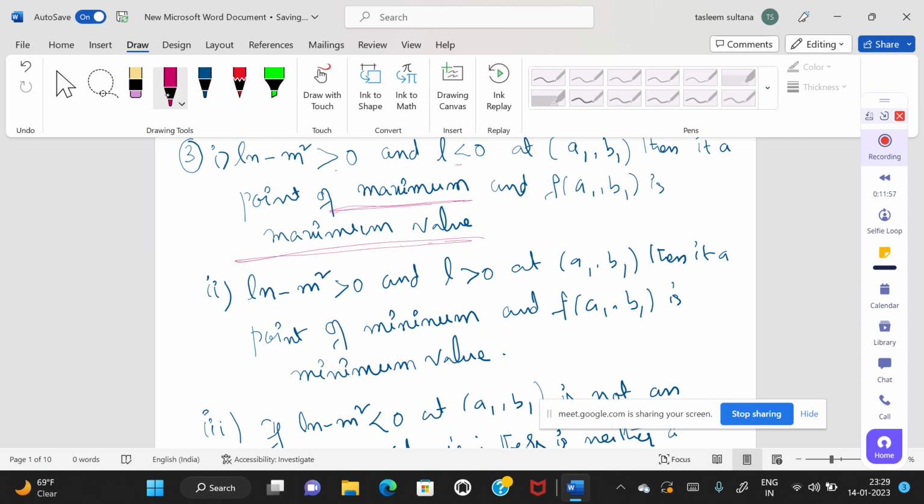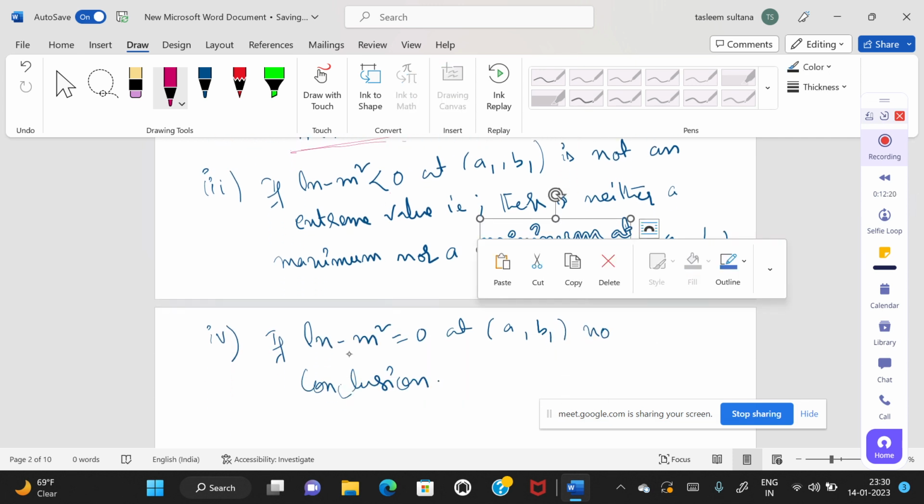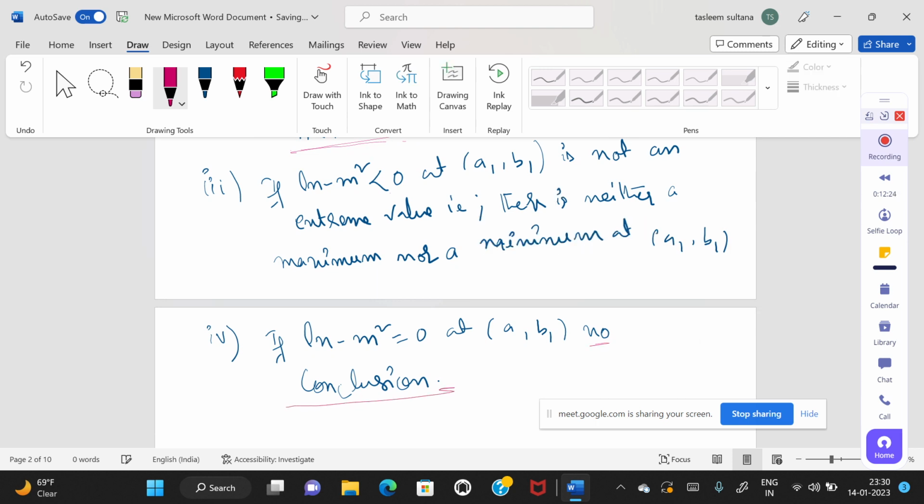If LN − M² is greater than 0 where L is also greater than 0, then that point is a minimum, and the function has a minimum value. If LN − M² is less than 0, then it cannot decide either maximum or minimum. And if LN − M² is equal to 0, there will be no conclusion. There is no solution for this one.